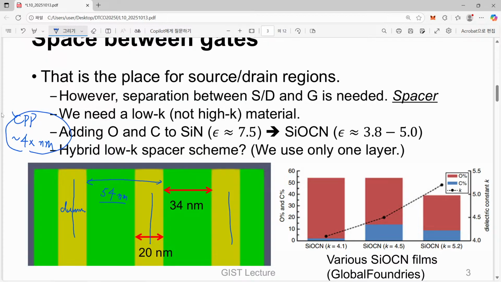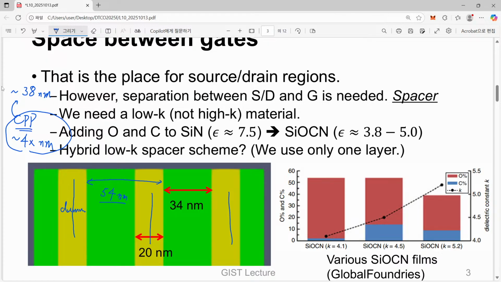And quite recently, there was a report on the ultimate limit of a CPP value. Now we are around 45. And what will be the ultimate value of CPP downscaling? According to Huawei engineers, they have found that this number would be 38 nanometer.